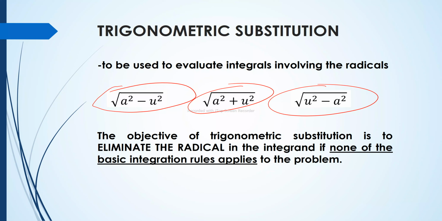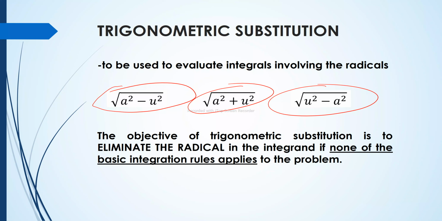As you can see, we have these radical signs. Sometimes there are radical signs in the integral, and then we need to remove that, or we need to simplify the given integral. Simplify first, and then solve it.